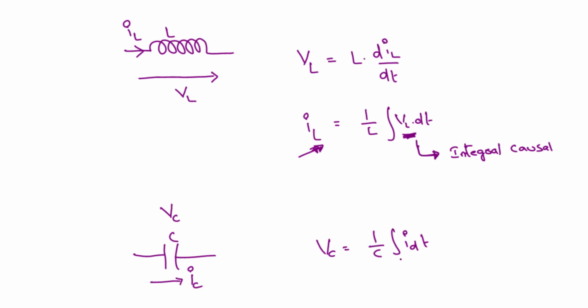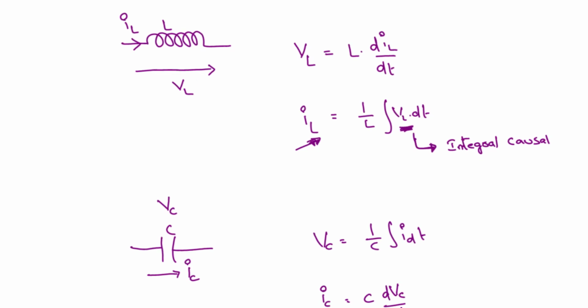Here it is the same thing. Due to the effect of current, the voltage is developed. So again it is called integral causality. Further, IC is equal to C dVc by dt, which we can also write.